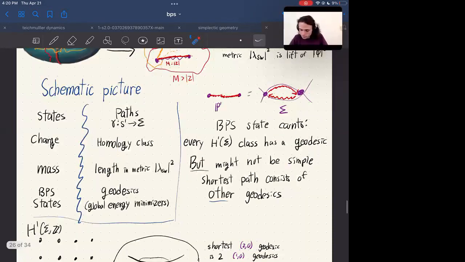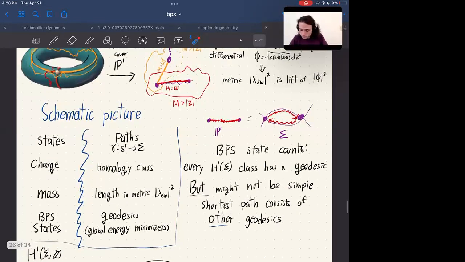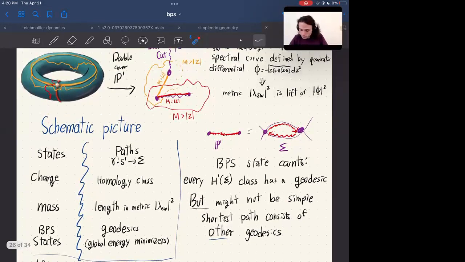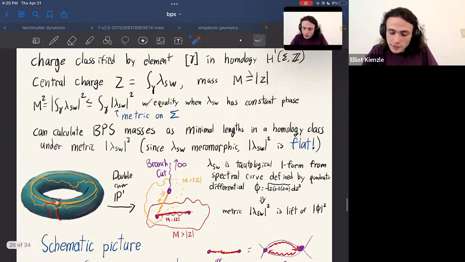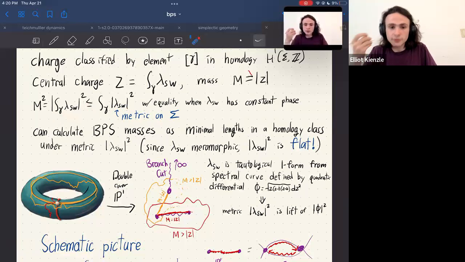But they have to lie in a leaf of the foliation, right? So that there's this constant phase condition. Yeah, so the way that constant phase condition comes up is right here from this Cauchy-Schwarz. You actually get equality in this when the Seiberg-Witten curve is always constant phase.